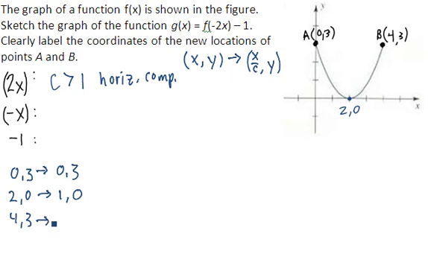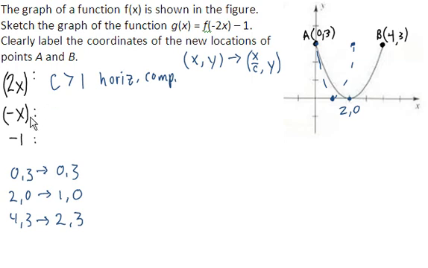And 4 divided by 2 is 2, so (2, 3). We'll go up here and draw our new points. This stays the same: (1, 0), (2, 3). And it's easy to see here now that the graph or function was compressed horizontally by a factor of 2.